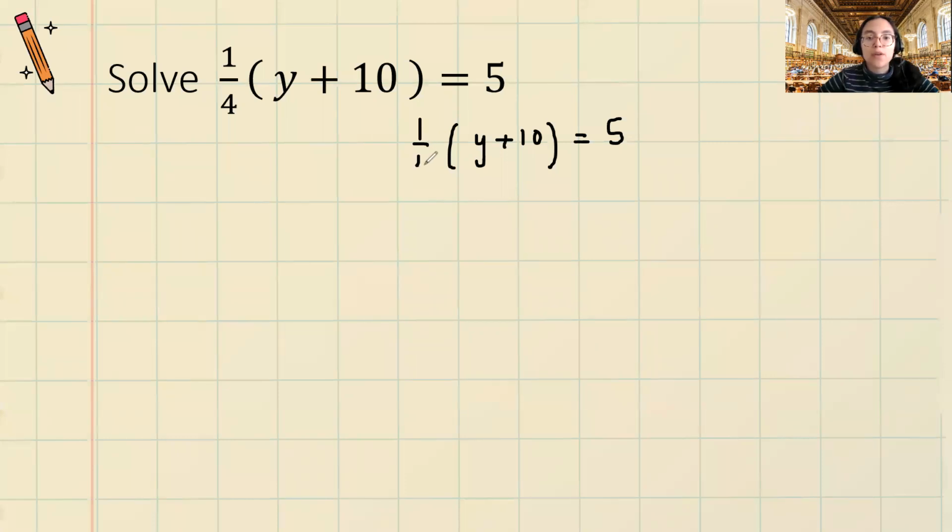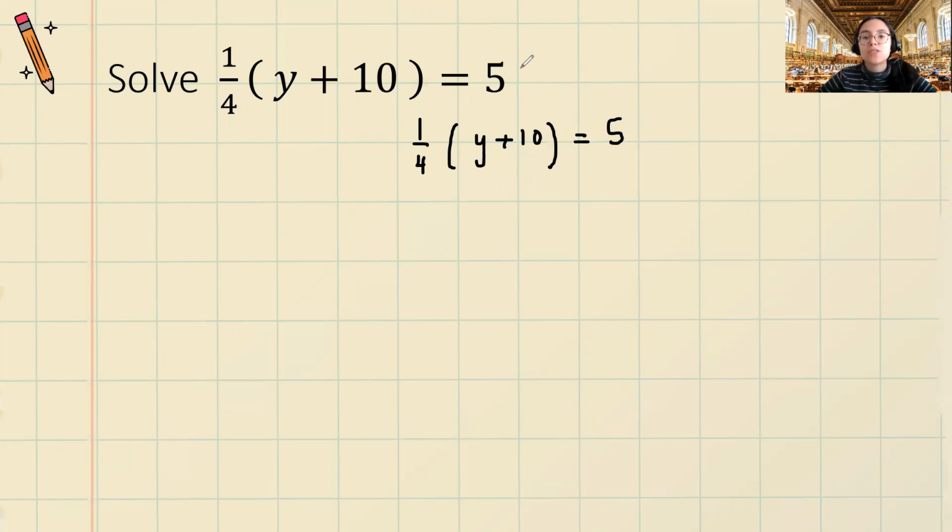If you have 1/4 here, you don't have to distribute it in like we did in the last example. What you can do is instead just get rid of it. So we're going to multiply by the reciprocal on both sides.